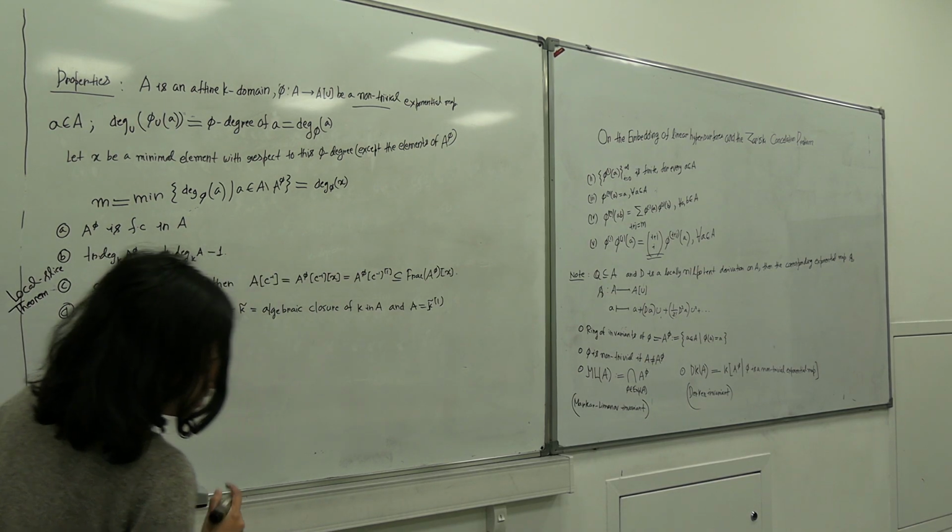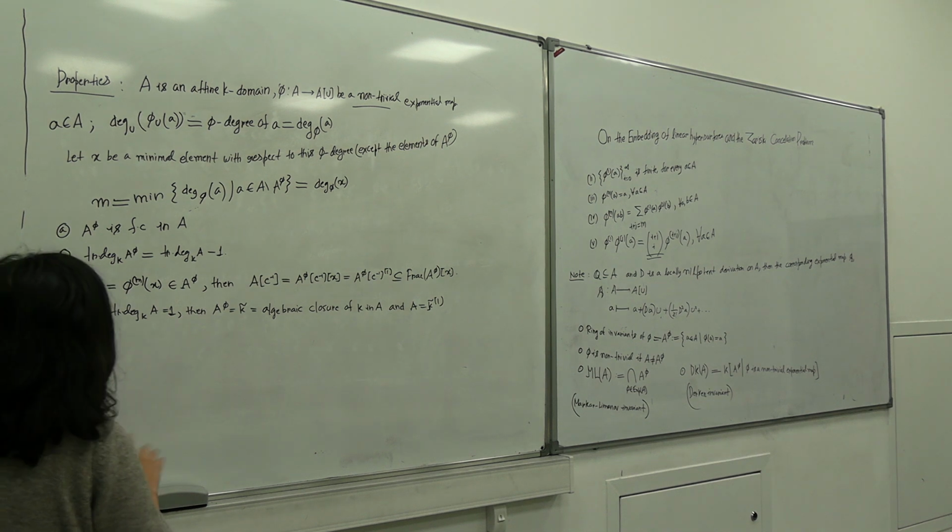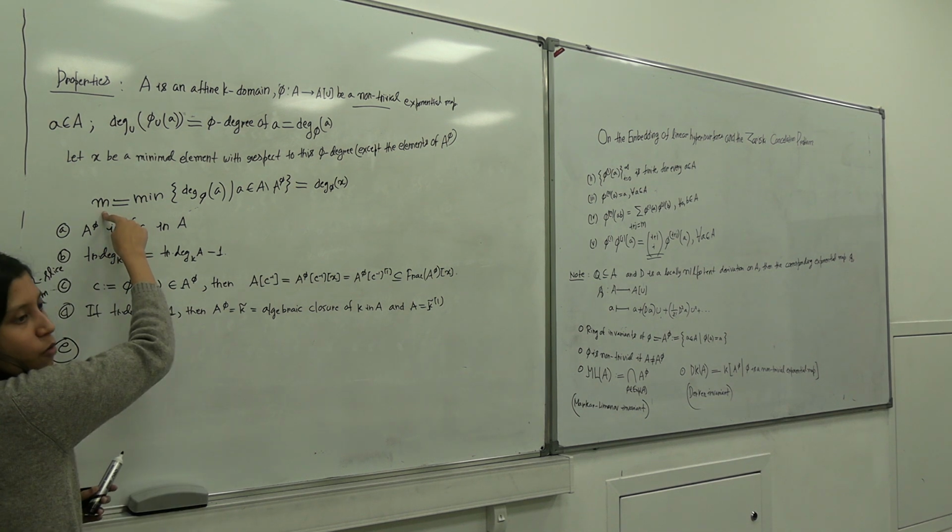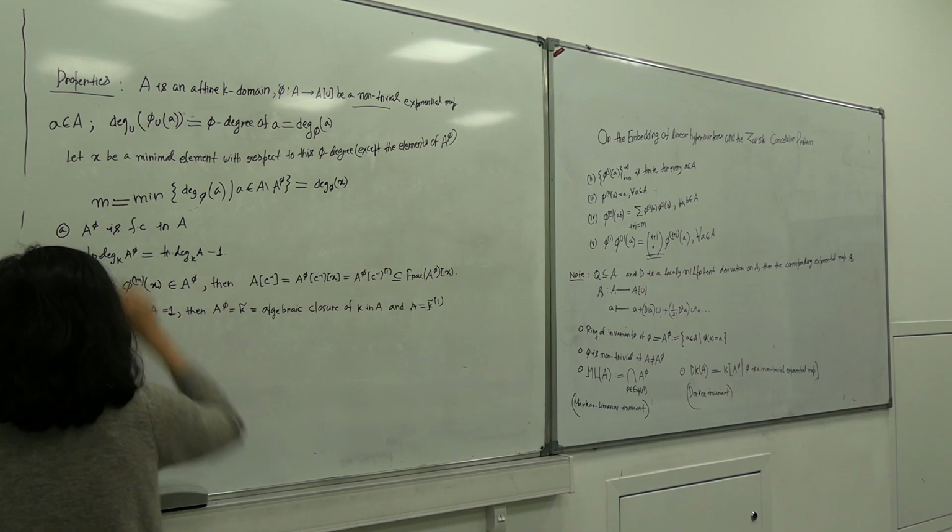Number E is that we can actually take m to be 1 without loss of generality.